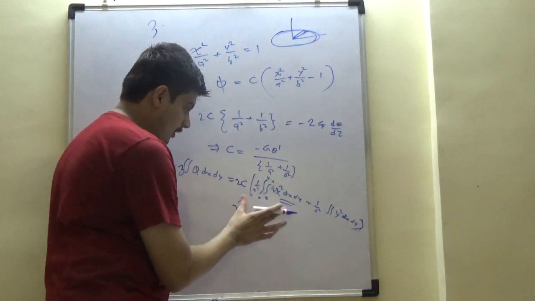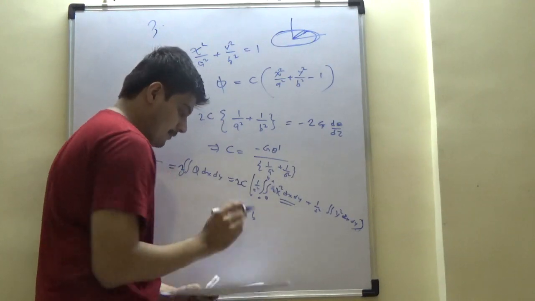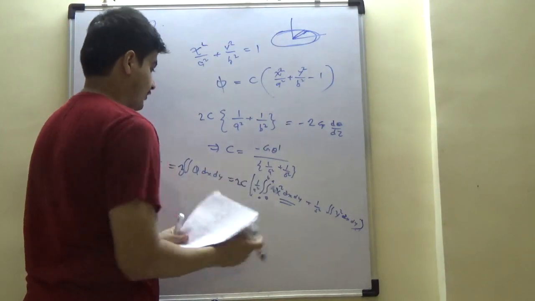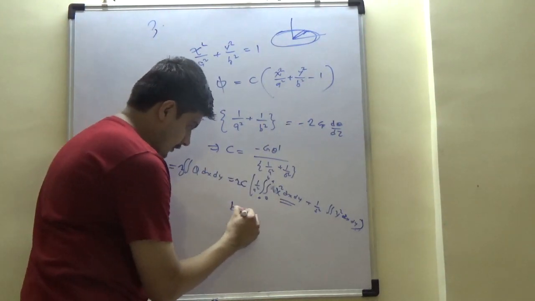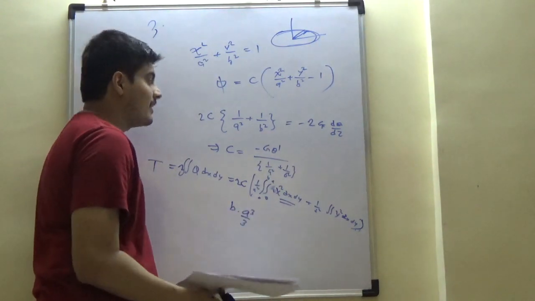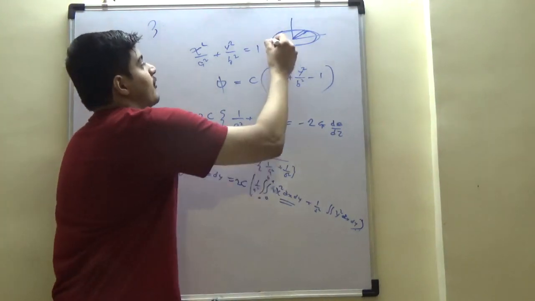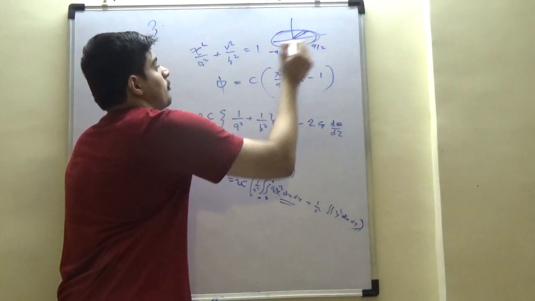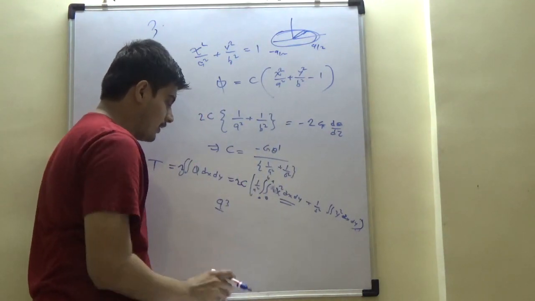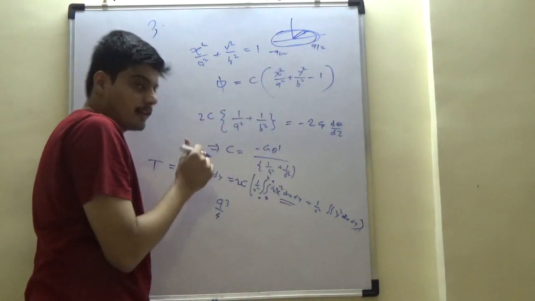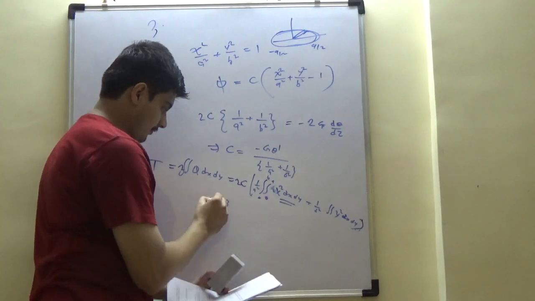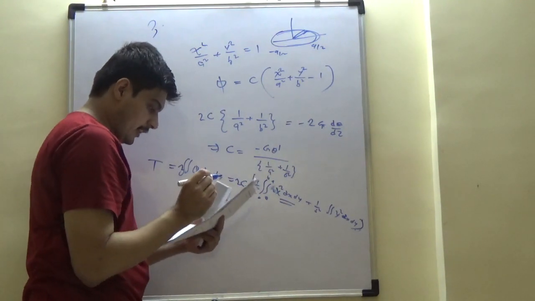x square dx is what we have to look at. So x cube upon 3 into b, right? And a cube upon 3 is what is going to come out. So b into a cube upon 3, and since the coordinate frame is such that you have to integrate from minus a by 2 to a by 2, a cube upon 8, so a cube upon 4 will prevail here, into b, correct?